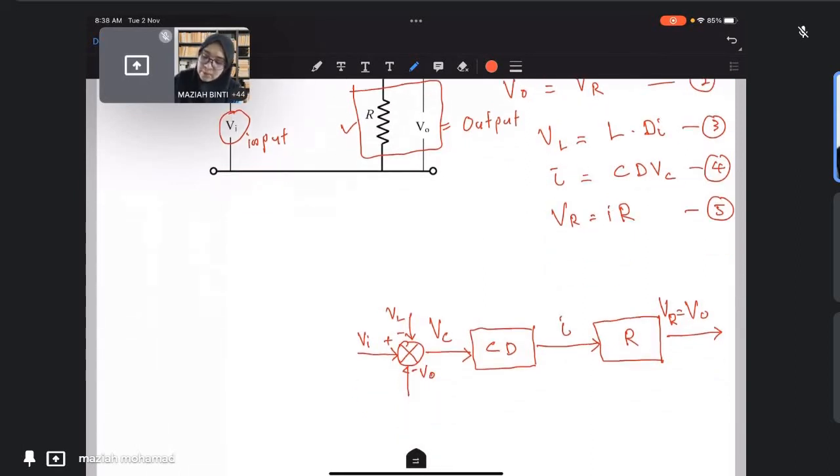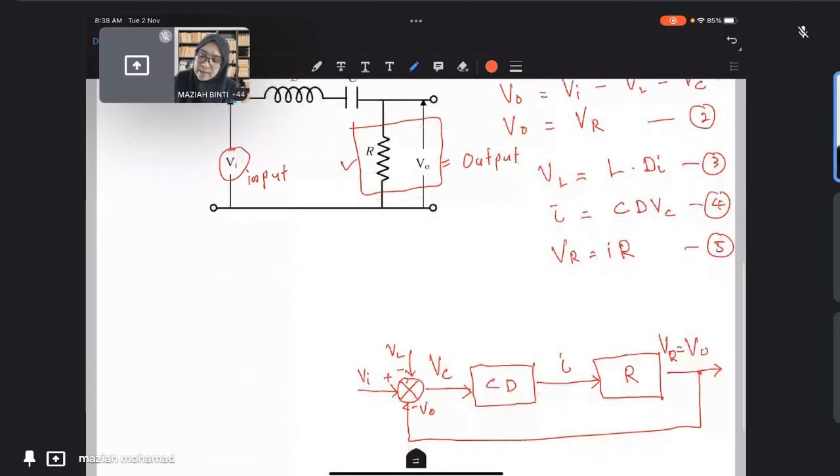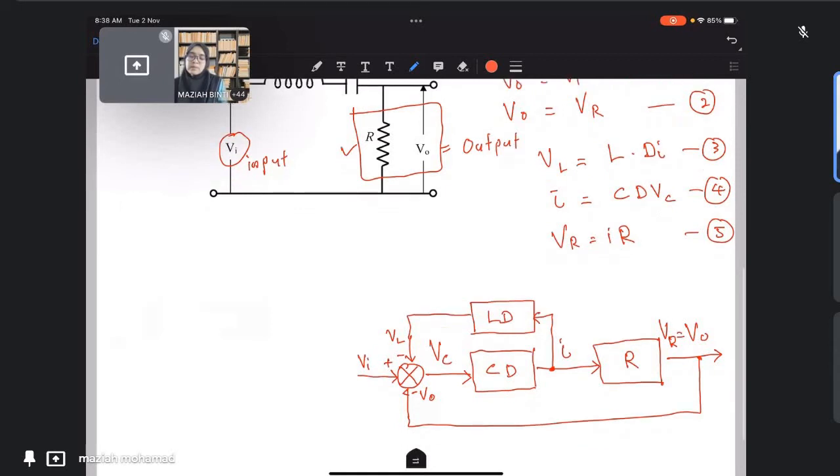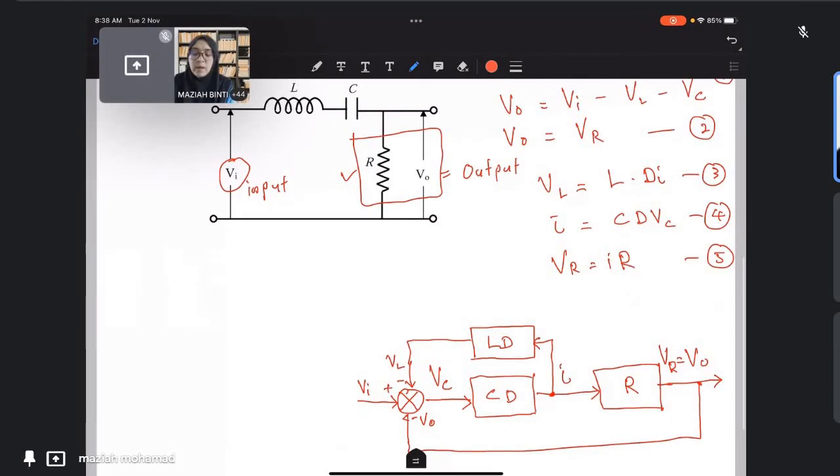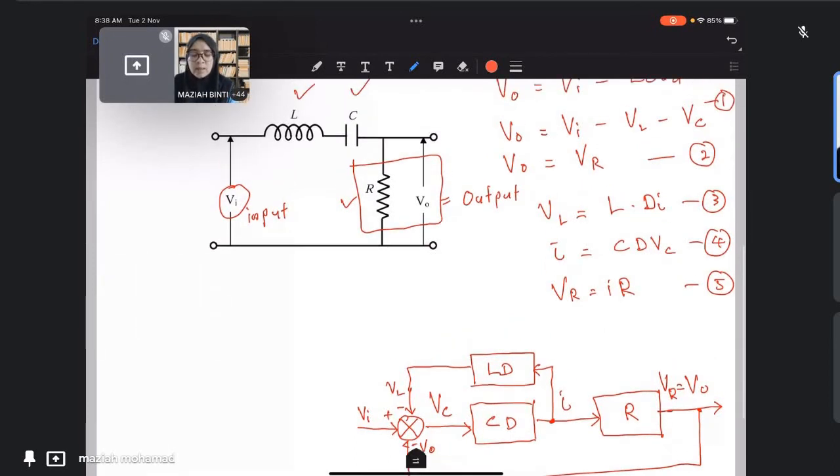V out is here. And for VL, it is L dI, so I is there. I multiplied with L d will give you VL. Okay, that is the complete block diagram for a circuit that contains inductance, capacitance, and resistance.